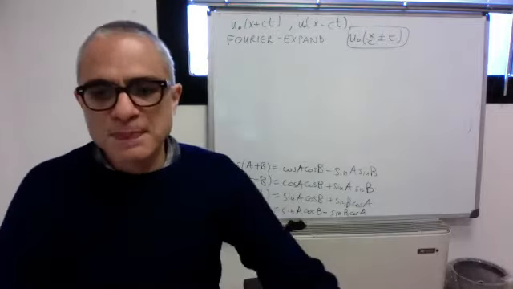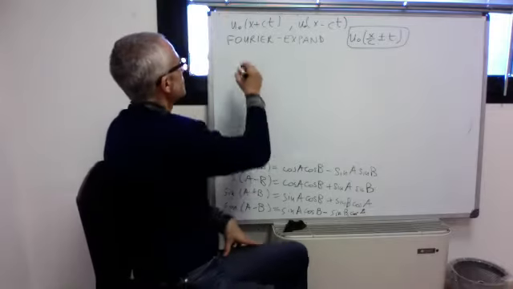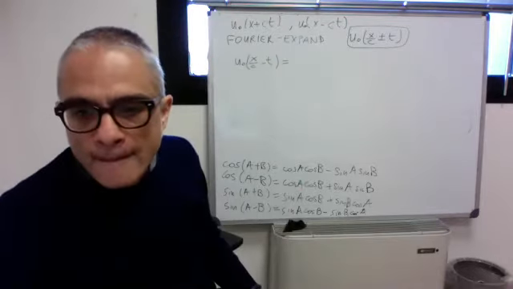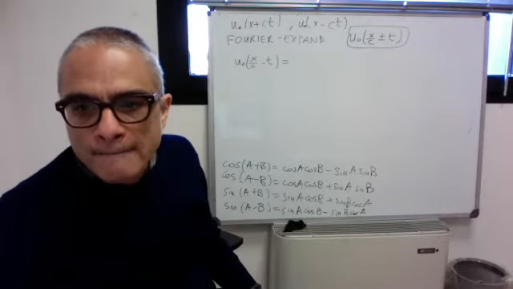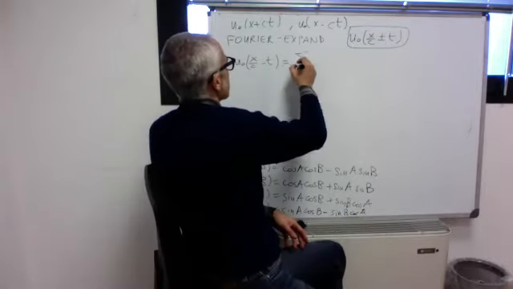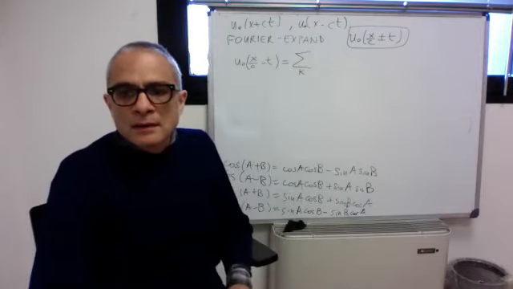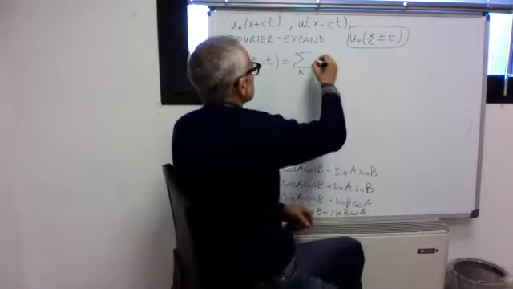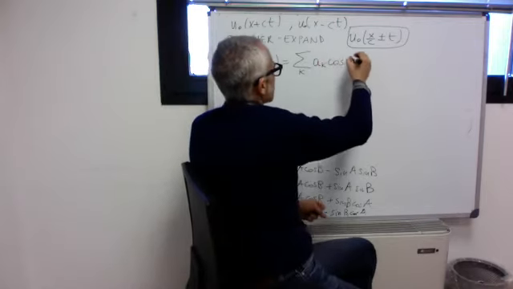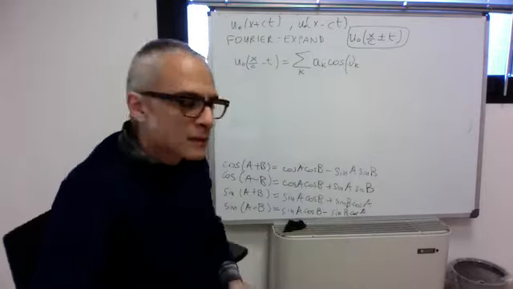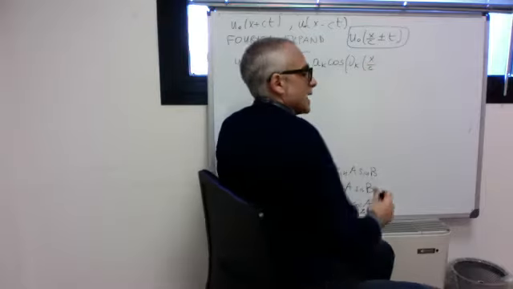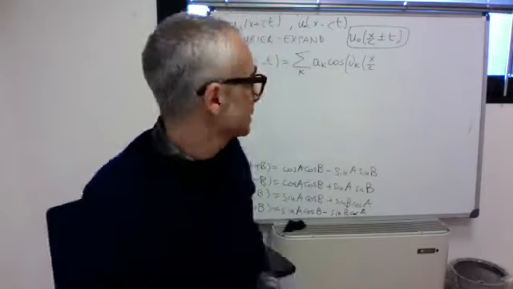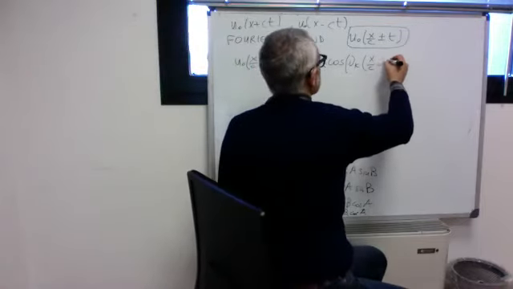And let's Fourier expand it. Okay, u0 of x over c minus t is the sum over k of a_k cosine of some nu_k, and then the argument, which used to be z, but now it's x over c minus t.